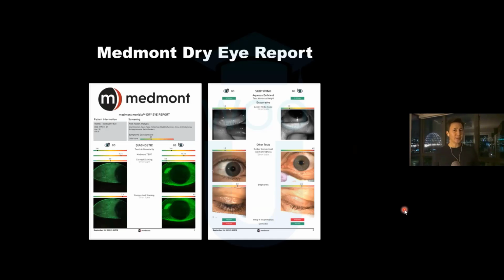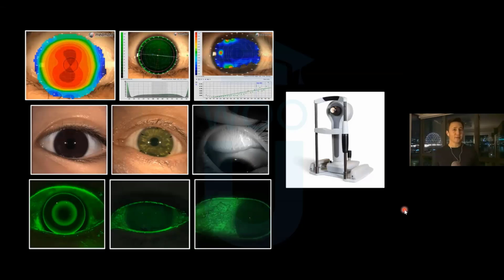For our kids in myopia control, you have a very powerful imaging device that can be used for a whole range of different stuff. And I do work as a consultant for Medmont as an advisor, but we at the school love our Meridia. It's the tool we use for virtually everything in terms of imaging, and certainly related to corneal topography. That's the tool that we favor, even though we have every topographer virtually.